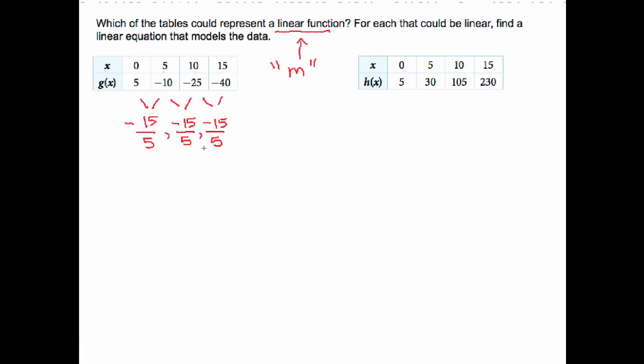So it certainly looks like we do have a constant rate of change, and that slope that we have is negative 15 over 5, which is negative 3. So the first question, which of the tables could represent a linear function? The first one can. I do have a linear function.